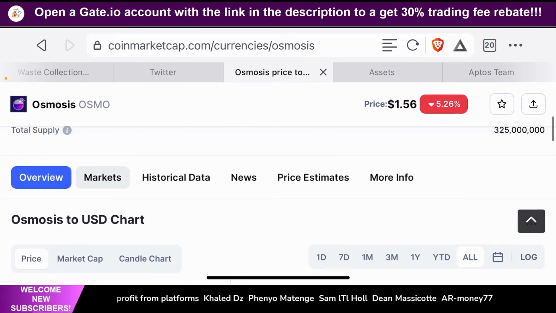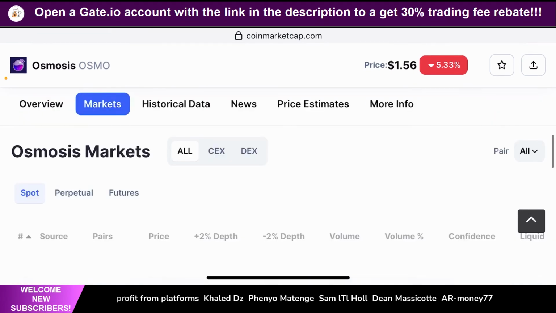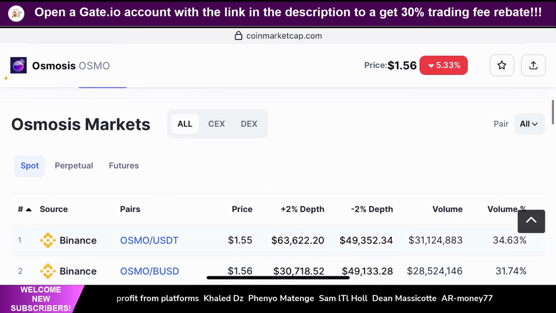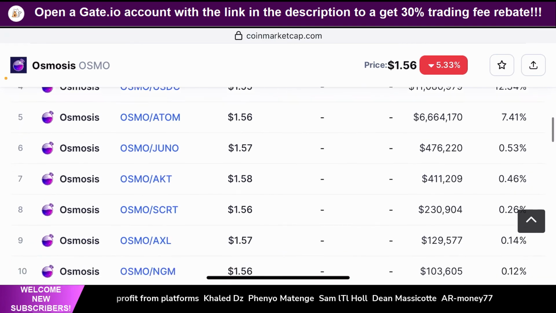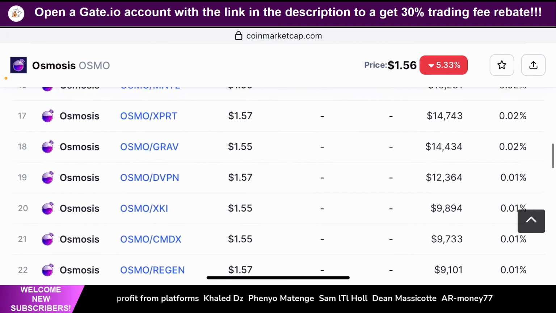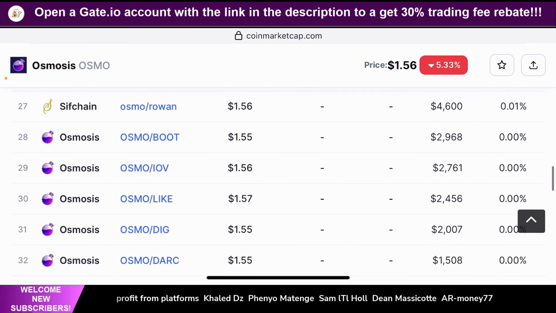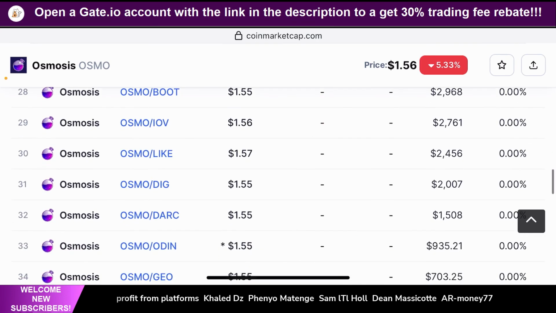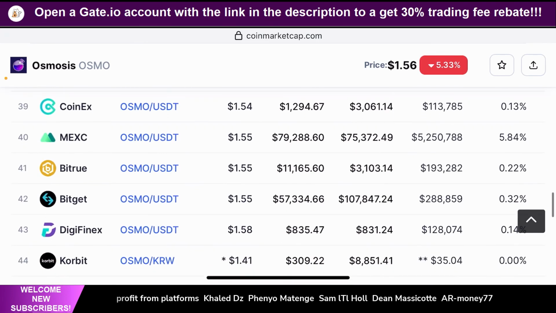So when it comes to markets, you will easily find that Osmosis is pretty much the only exchange where you can buy this token from, apart from a few random centralized exchanges which don't really make a lot of sense.